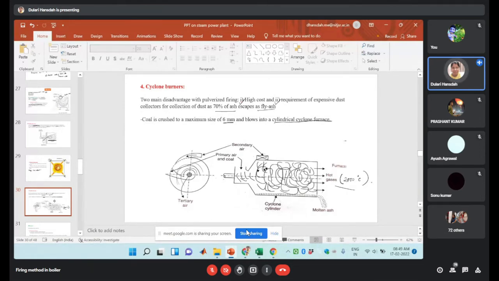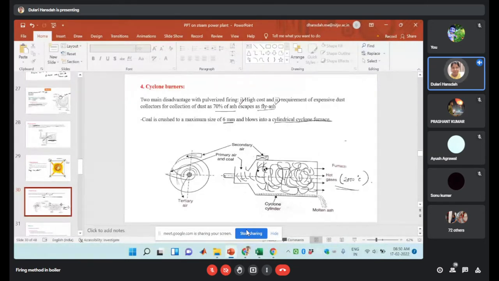The air supply is a little bit lesser than the previous types of burner, and this can burn low quality coal and different sizes of coal, which is not in pulverized form. Boiler efficiency will increase as the temperature is increased. The cost of milling in cyclone firing is less as compared to the other types. So these are your advantages.